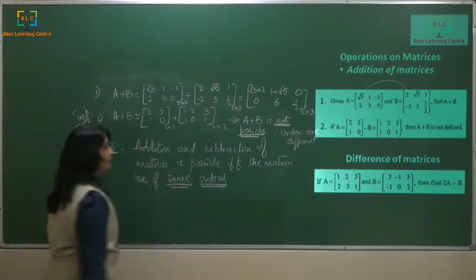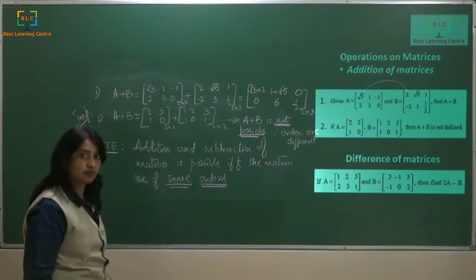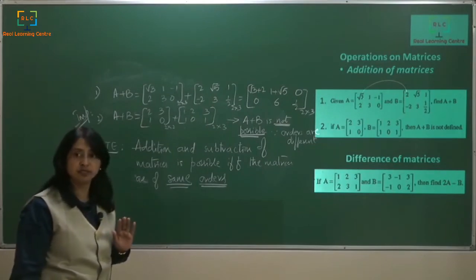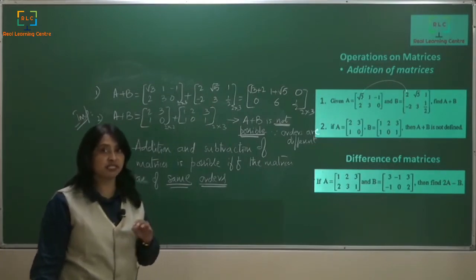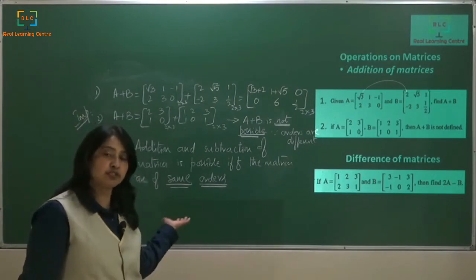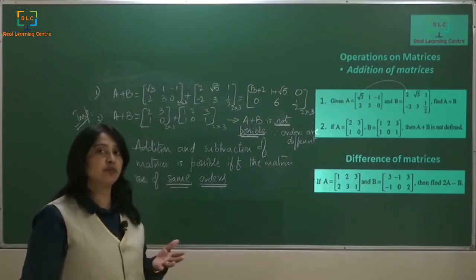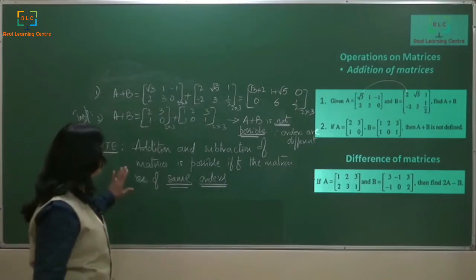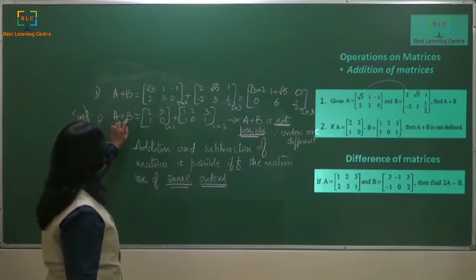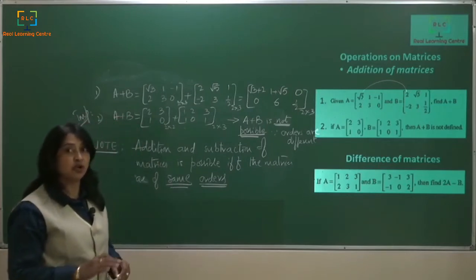If I am having 2 cross 3, I need to have a 2 cross 3 matrix only, else addition and subtraction of matrices is not possible. So there is a compatibility reason for addition as well as multiplication. Like this, for multiplication also we have a certain condition. When can we multiply A and B? So now if I have to add A and B, they have to be of the same orders, and hence this A plus B is not possible.